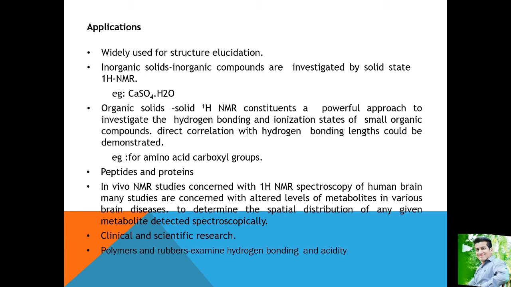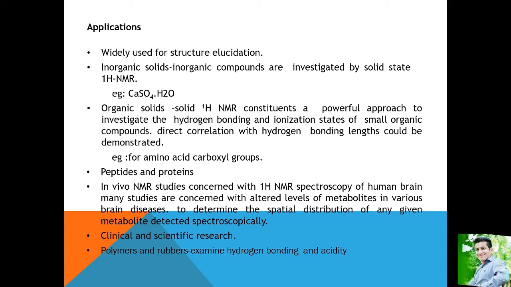In vivo NMR studies are concerned with 1H NMR spectroscopy of the human brain. Many studies are concerned with altered levels of metabolites in various brain diseases, to determine the spatial distribution of any given metabolite detected spectroscopically, and it is also used for clinical and scientific research.